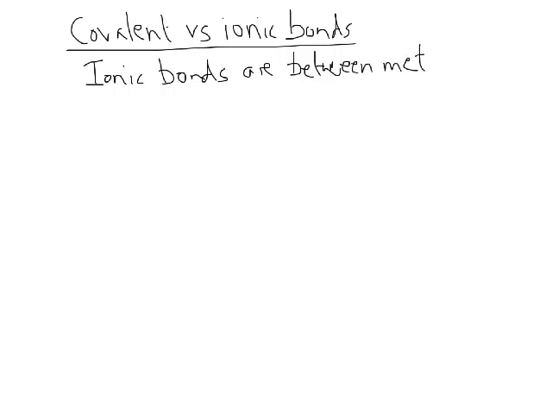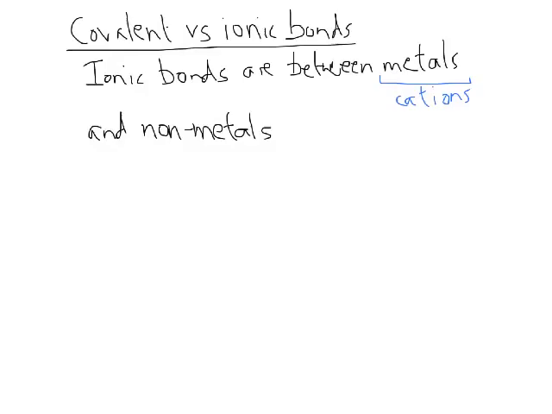The metals are the cations. Put underneath cations. And non-metals. Remember, the anions can sometimes be a group of atoms. So that's what ionic bonds are.